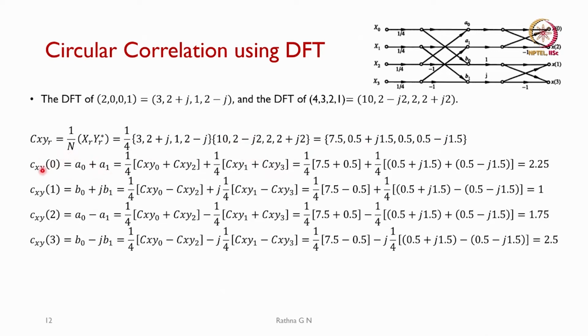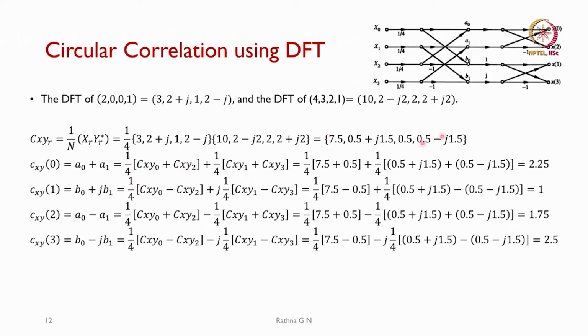Now, how will we calculate Cxy of 0? As you can see, you put A0 plus A1, which is nothing but 1 by 4 into Cxy0 plus Cxy2.